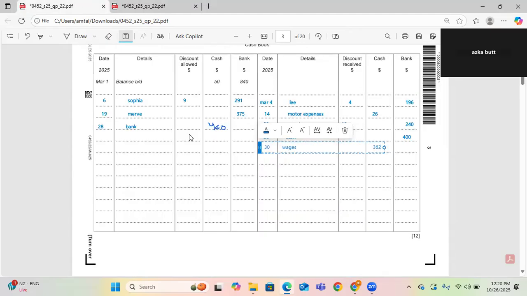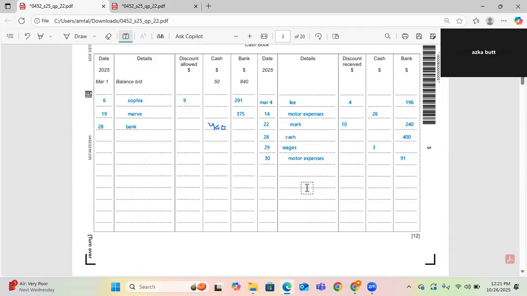So we have paid motor expenses. I think we paid the wages on 29th March, and on 30th March we paid the motor expenses, 91. So we will be deducting 91 from here.